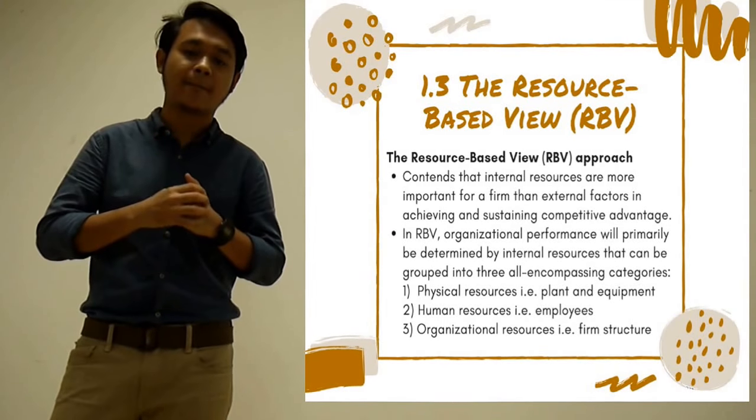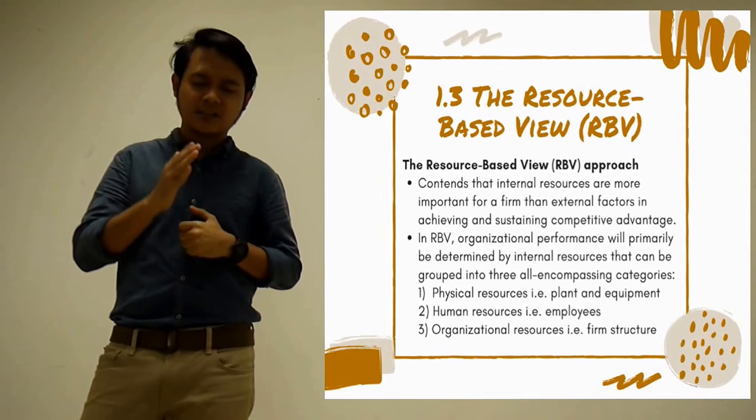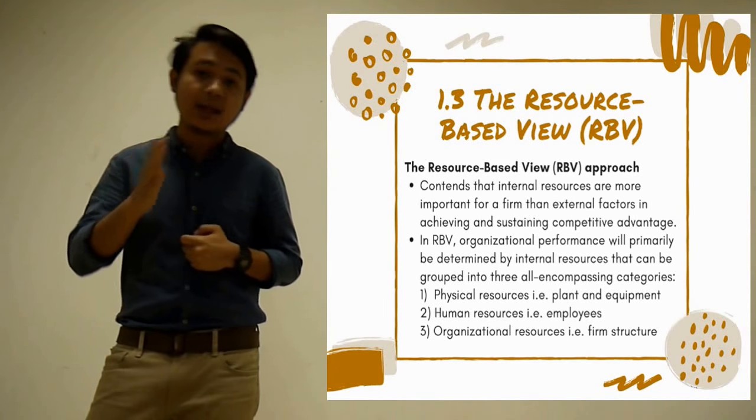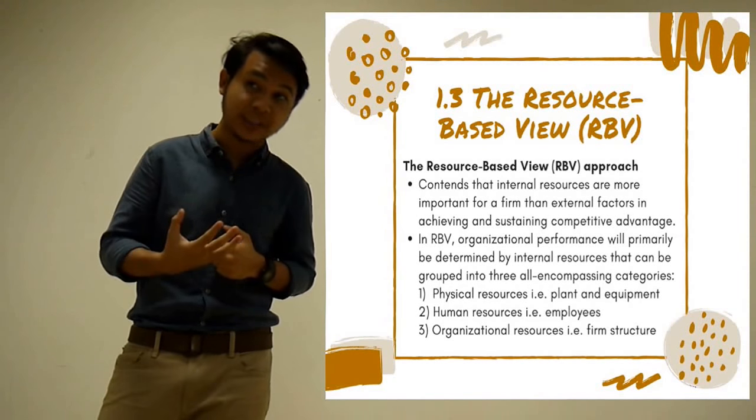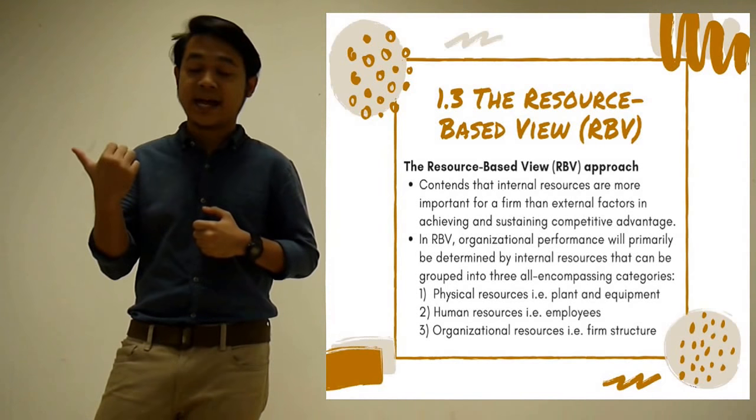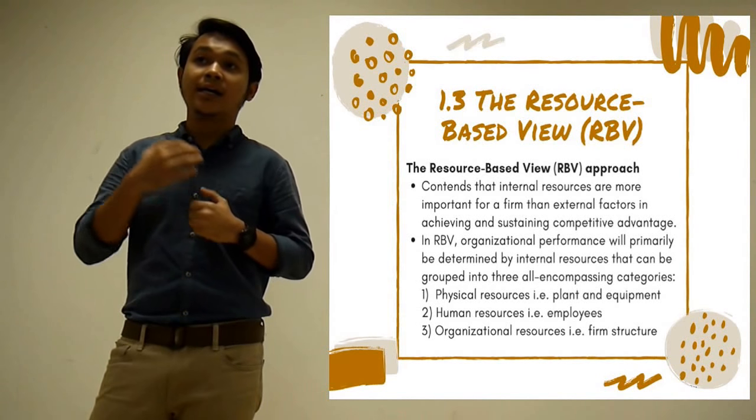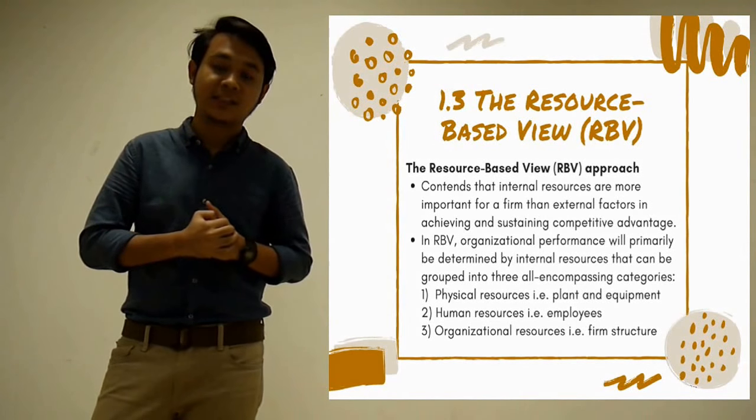So moving on to the next, the resource-based view. The resource-based view states that internal resources are more important for a firm than external resources in achieving and sustaining competitive advantages.